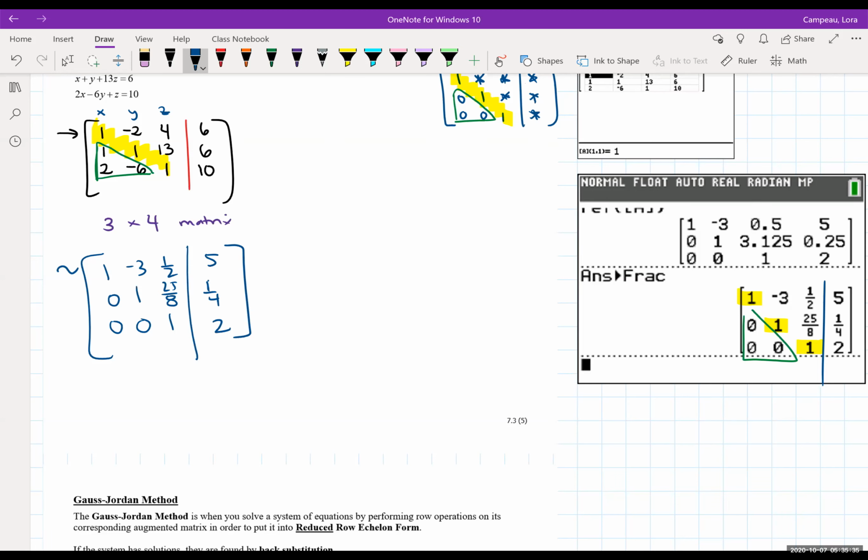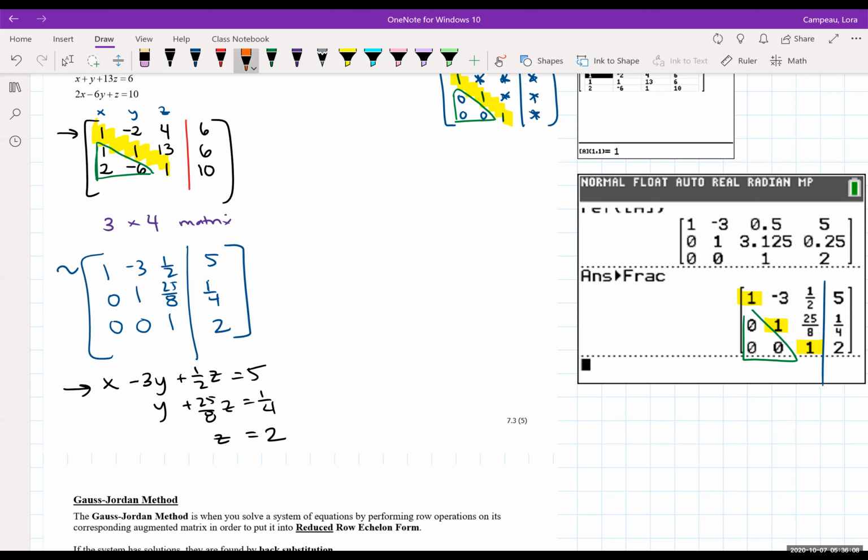If we now write our new system of equations coming from this matrix, I will have 1x minus 3y plus 1/2 z, be careful with the 2's and the z's, equals 5. I'll have y plus 25/8 z equals 1/4. And then, from the third row, 1z equals 2.